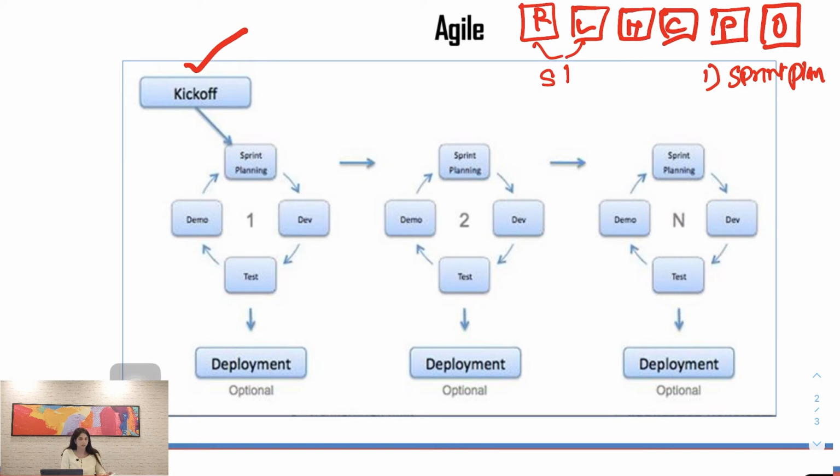There the requirements are discussed, they are designed, and there is development of the requirements, and then there is testing, and then there is a demo to the product owner or the stakeholder, and once the demo is passed, it's deployed. Then the next chunk of requirements, or we should call them backlogs here in Agile, go through the sprint cycle again.